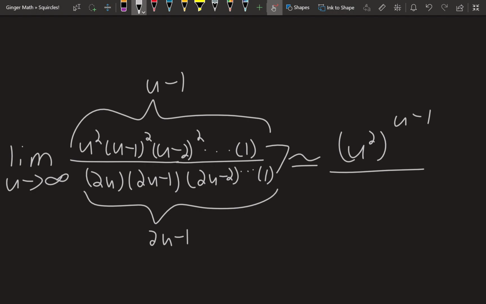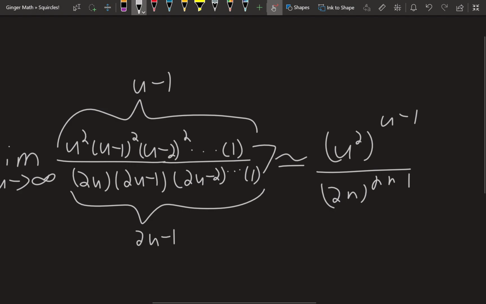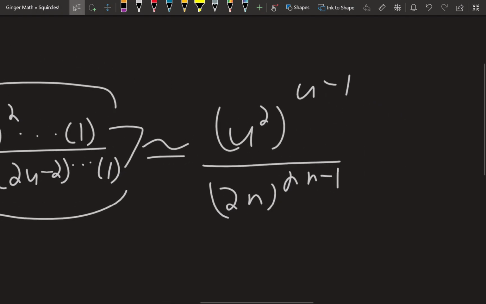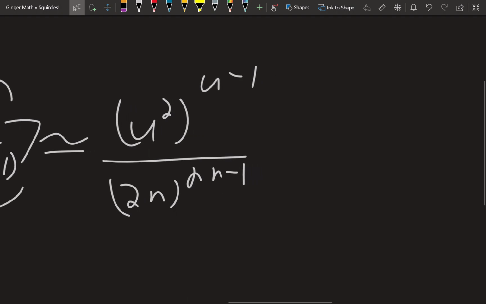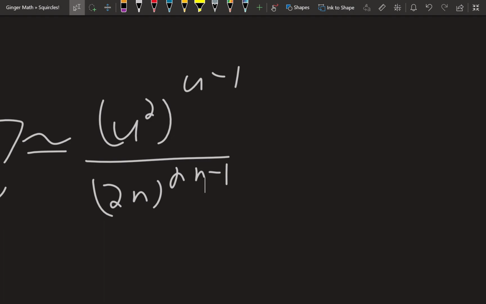And on the denominator, we have the same thing, kind of: for leading coefficients, we have 2u to the 2u minus 1. And when we phrase it this way, the limit actually seems not terrible to evaluate at all. You could just look at this and say, oh, it goes to 0, and you'd be perfectly right. But I think it would be helpful to go a tiny bit further with the math.